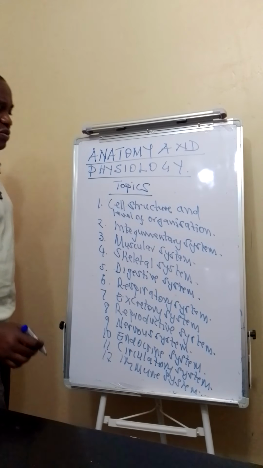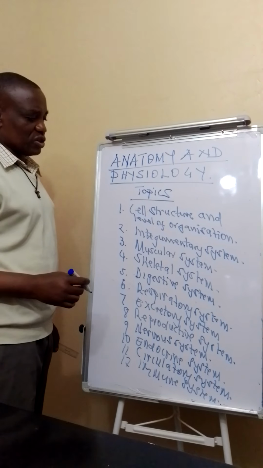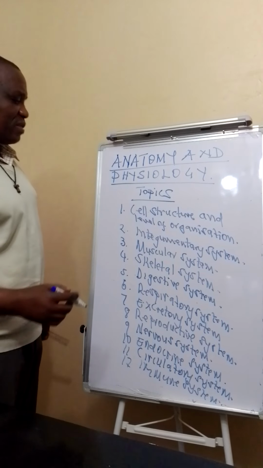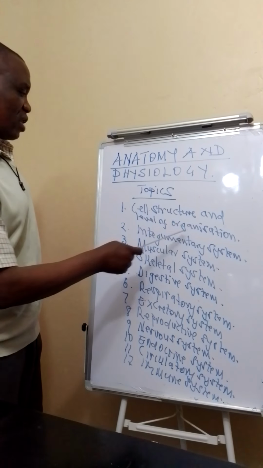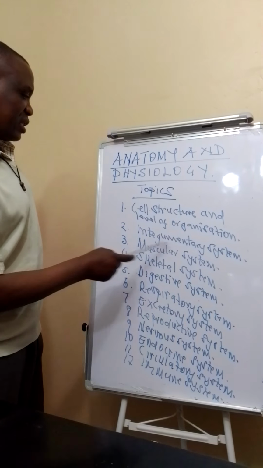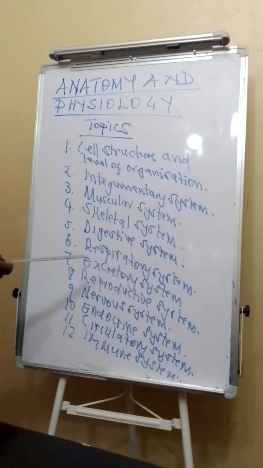So these are the systems of the body that we are going to cover in our anatomy and physiology. At the beginning we have cell structure and level of organization. Number 2, integumentary system. Number 3, muscular system. Number 4, skeletal system.